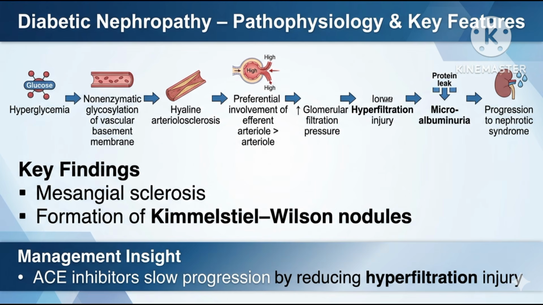Efferent arterioles are more affected than afferent ones. It will lead to high glomerular filtration pressure, causing podocyte damage. Hyperfiltration will explain the symptoms of polyuria and protein leak in urine.